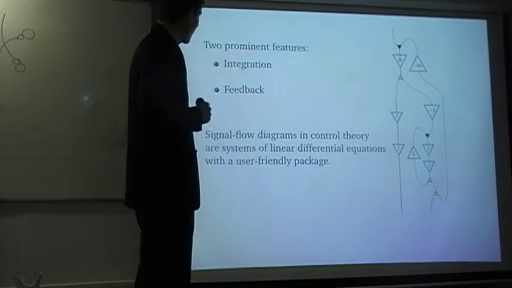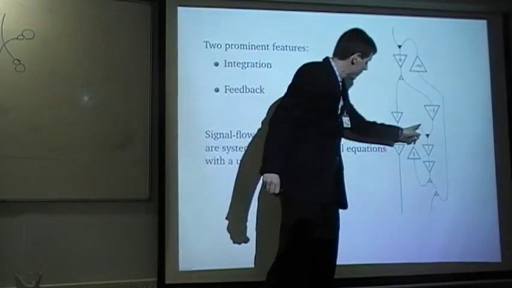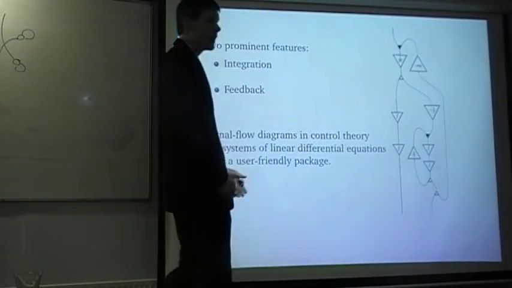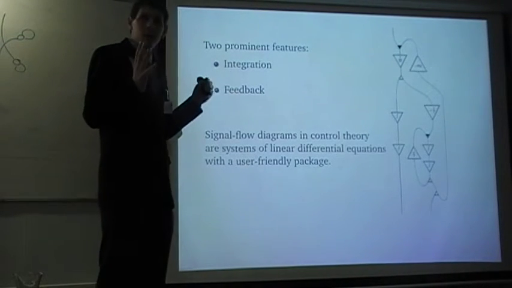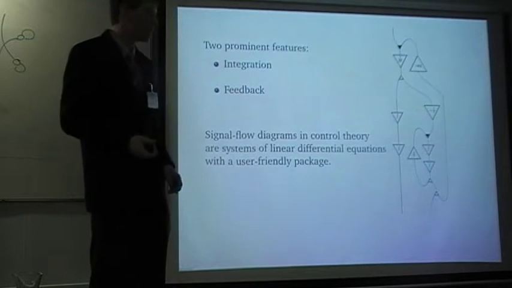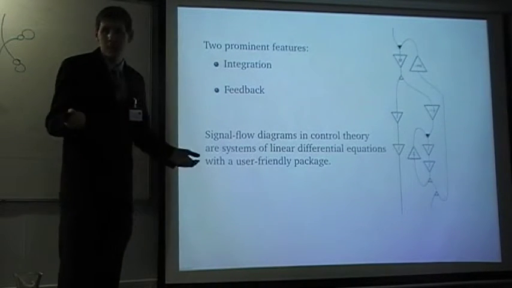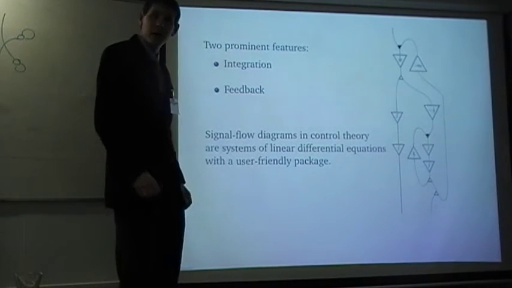We also have feedback, and that's what's going on, for instance, right here. We've got a loop where the angle of the pendulum is influencing its future angle. And we also have something like that with the thermostat.